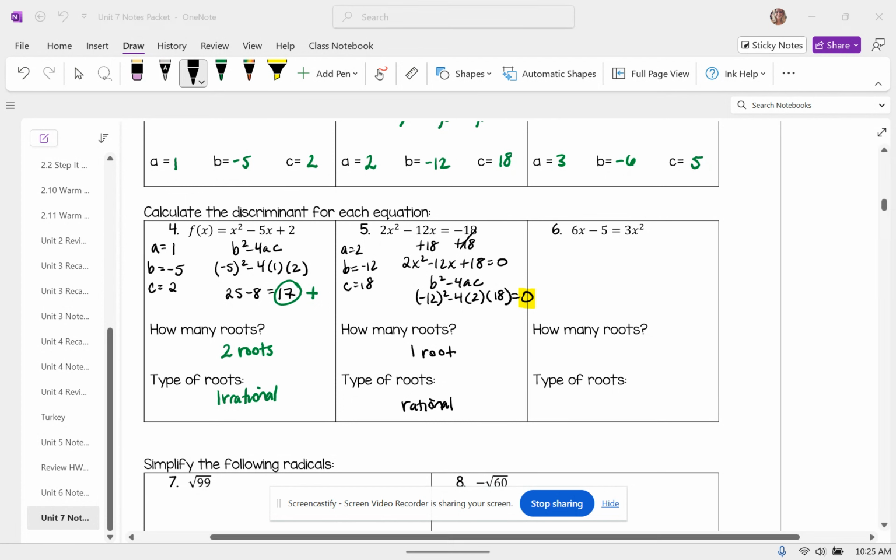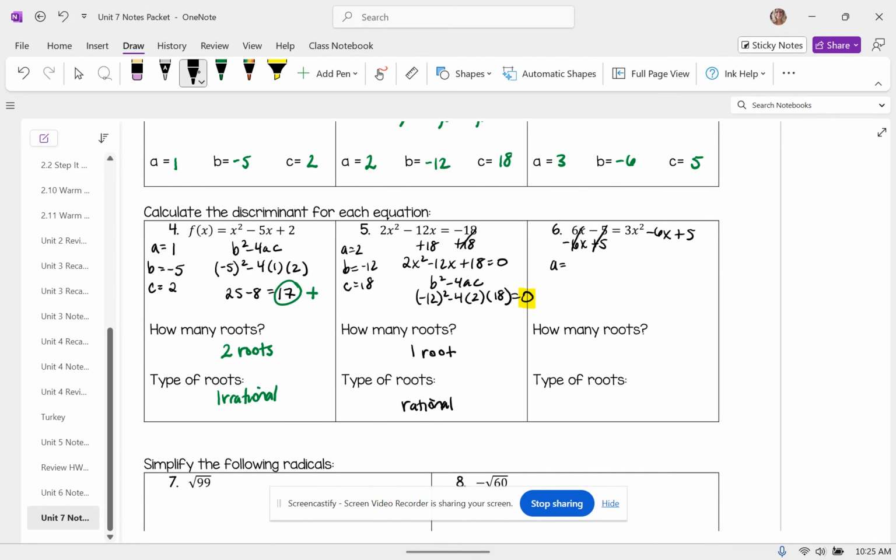Okay. Let's look at 6. It is not in standard form. Let's move this over. A is 3, B is -6, C is 5.